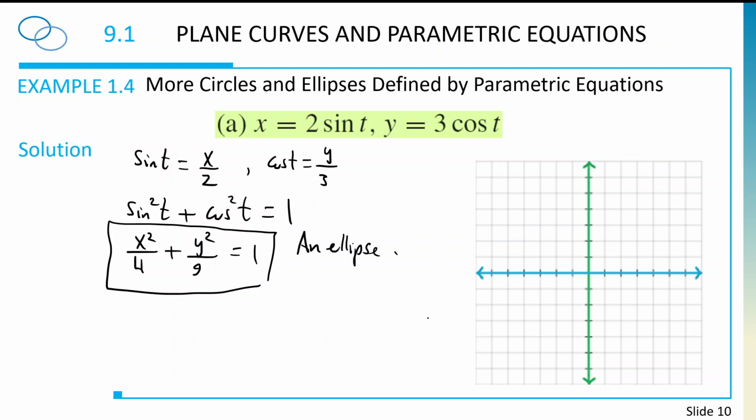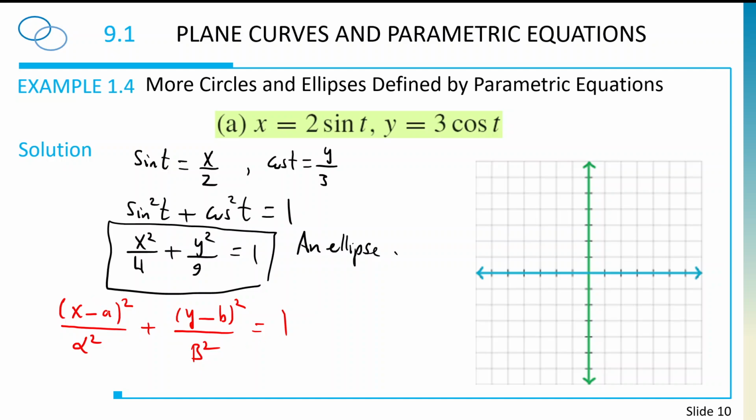Okay, this is an ellipse. And how do we know the general form of the equation of an ellipse? Let's write it down. The general form, usually it's x minus a squared over alpha squared plus y minus b squared over beta squared equals 1.